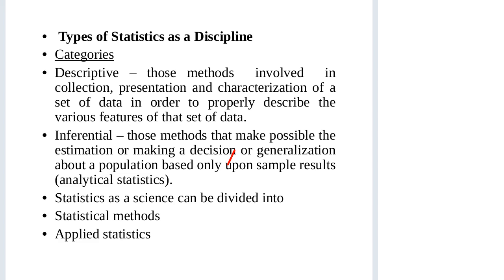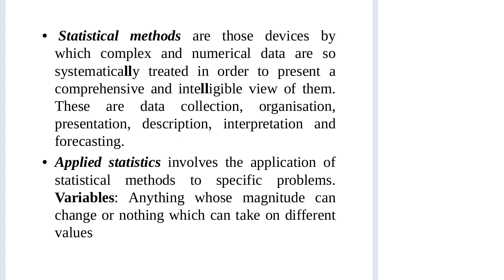Now, statistics can be divided into two. We have the statistical methods and we have applied statistics. We have discussed statistical methods, and we said that statistical methods refers to those devices by which complex and numerical data are systematically treated in order to present a comprehensive and intelligible view of them.